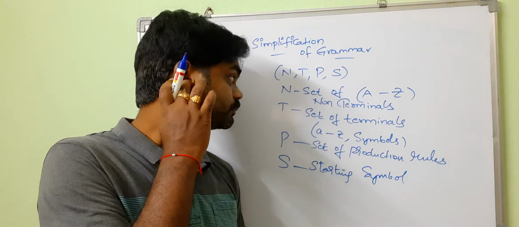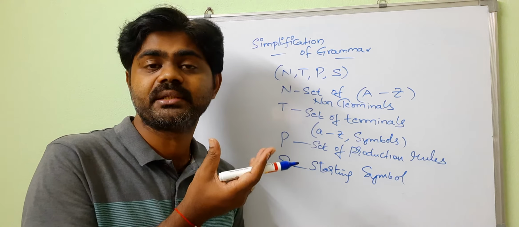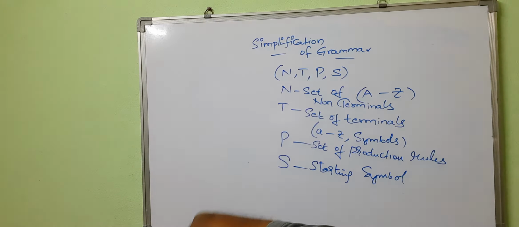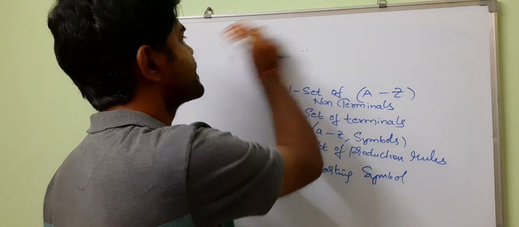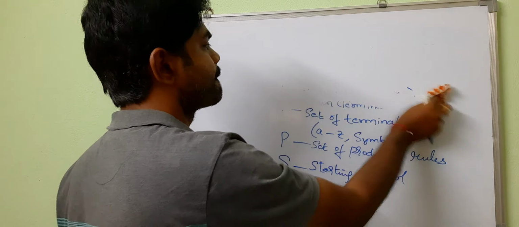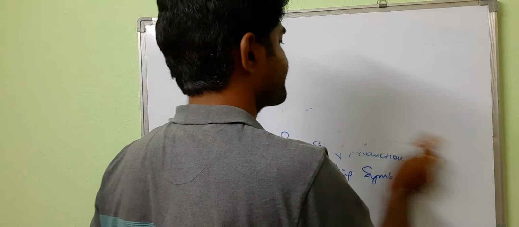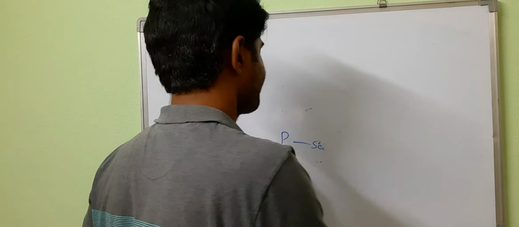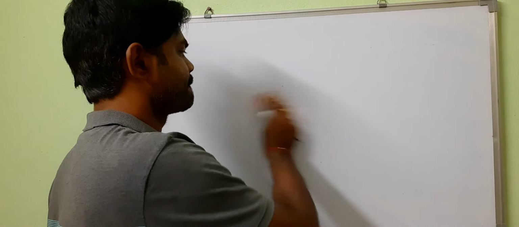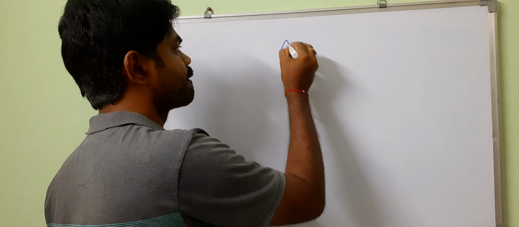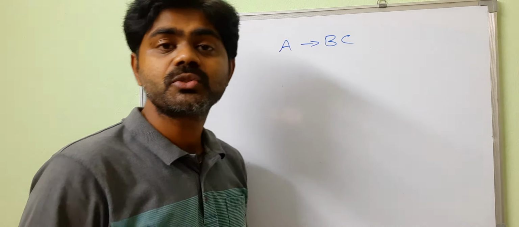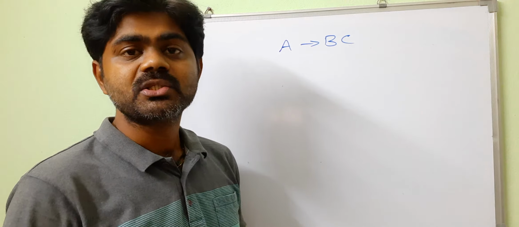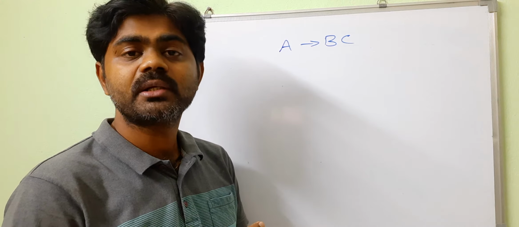So how to write a production here? Capital A tends to capital B, capital C. So here a non-terminal tends to non-terminal, non-terminal.